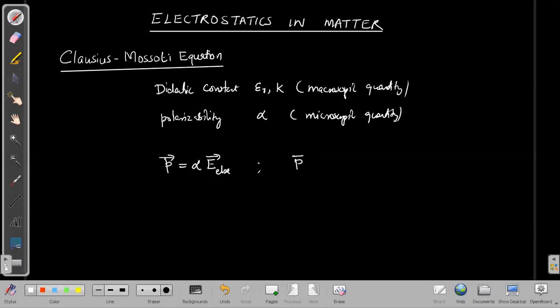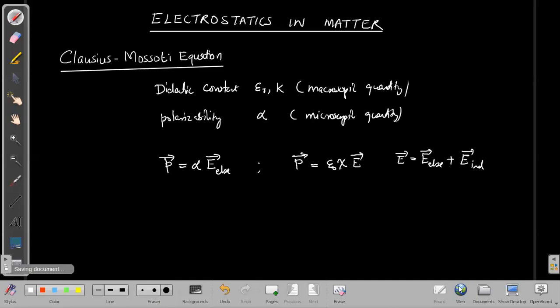Similarly, we have also discussed what is the polarization. The polarization of a material we usually write as epsilon 0 chi times E. This E is actually the total field inside the material. It should contain the applied field as well as the induced field, that is, the applied field E applied plus the induced field.